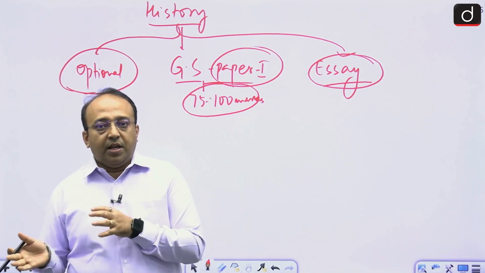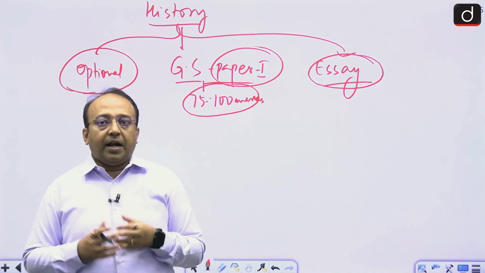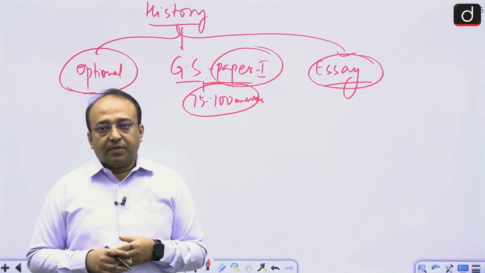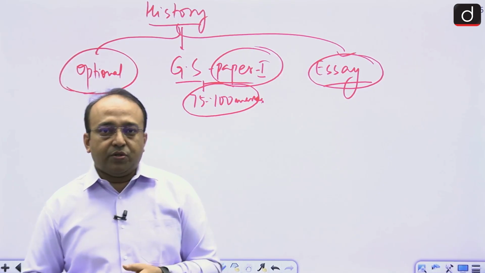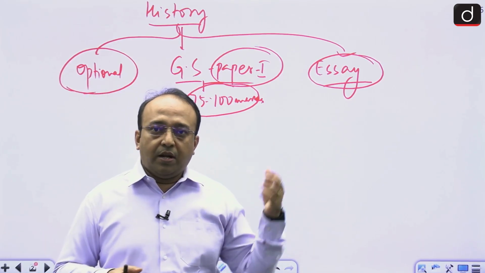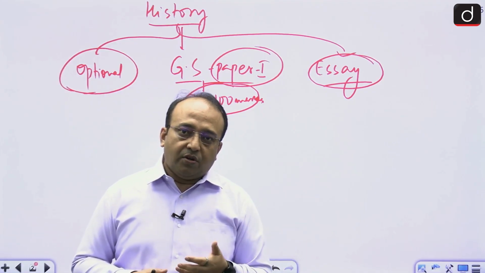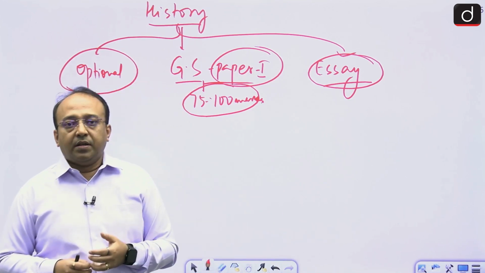So, world history is going to help you in developing a sound understanding of even international relations. That's the reason why I told you that there is a direct relevance of the content of history to your syllabus of GS, optional and even essay, and there is also some indirect relevance in your GS paper 2 as well.